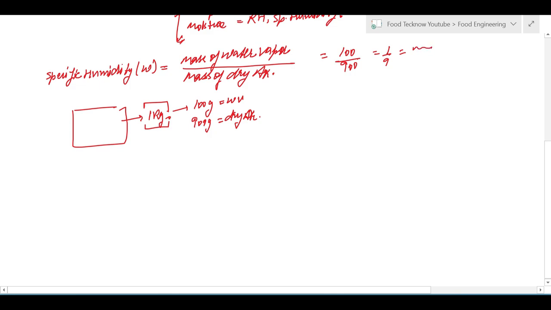Okay, so this is the specific humidity, and now let's look at the relative humidity.